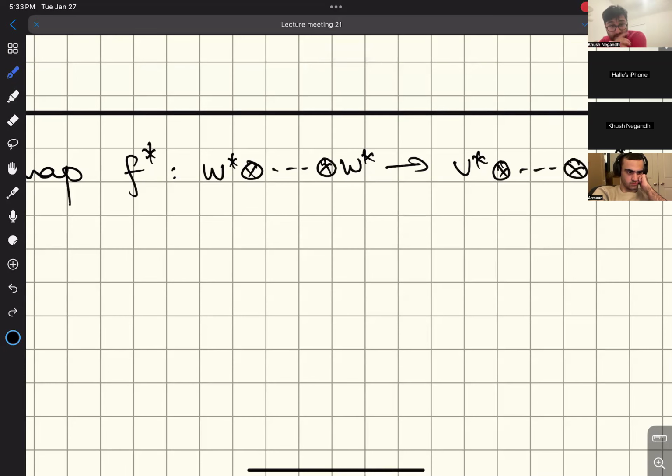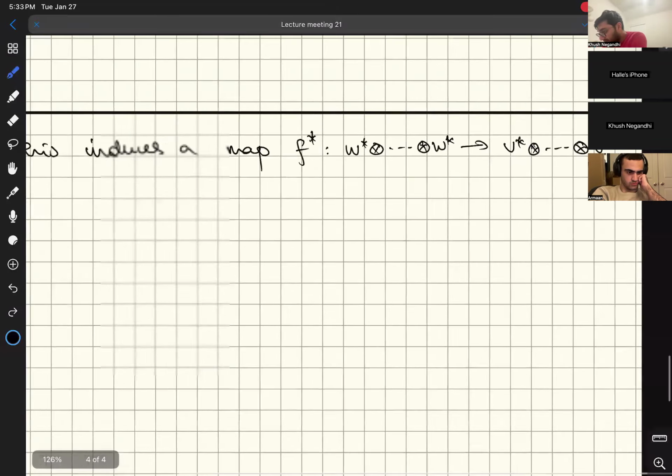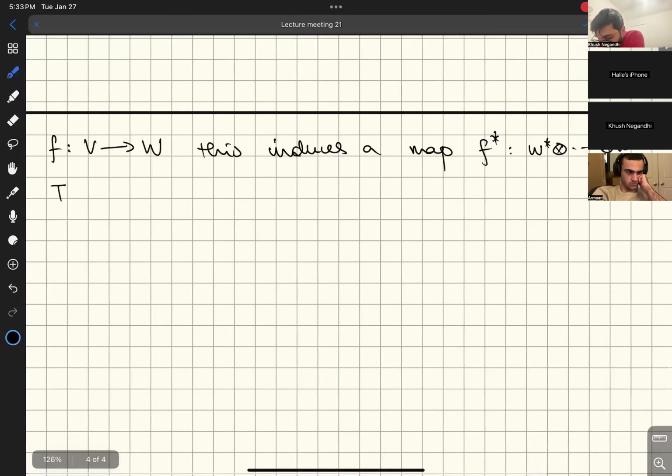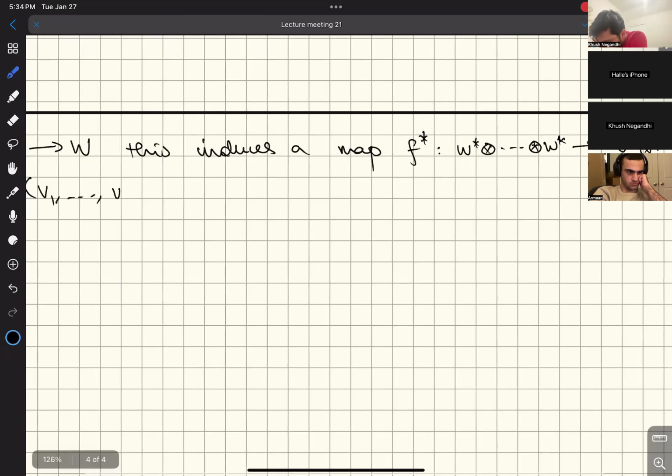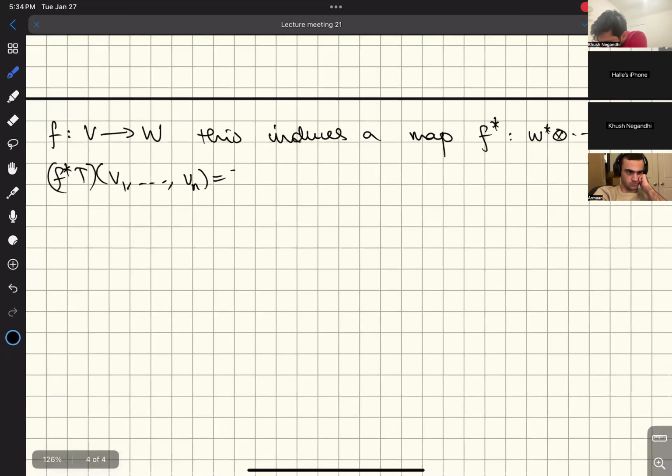Basically the way we defined this was, if I take F star of T and evaluate this on V1 up to Vn, all this does is it takes T and evaluates it at F of V1 up to F of Vn.